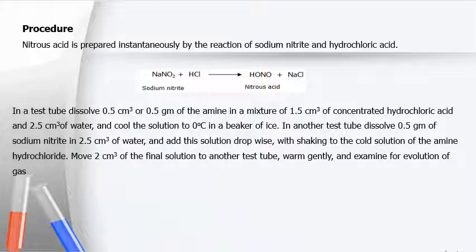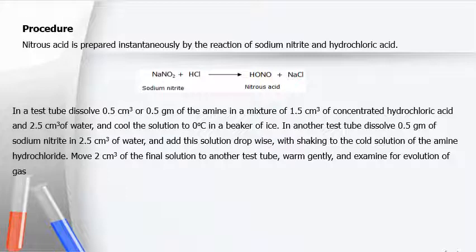The amine could be a solid or a liquid: if it's a solid, take 0.5 gram, and if it's a liquid, take 0.5 ml. Add it to a mixture of 1.5 ml of concentrated hydrochloric acid and 2.5 ml of water, and cool the solution to 0 Celsius in a beaker of ice. You need a bunch of ice in order to get this reaction done.